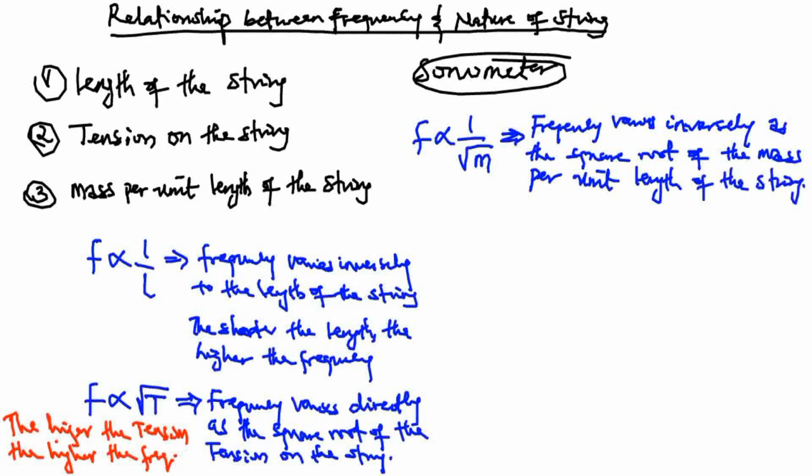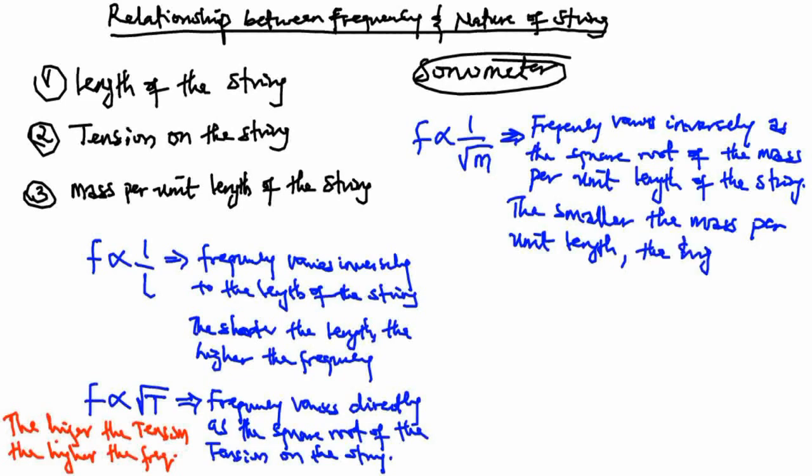Another way to put it is the smaller the mass per unit length, the higher the frequency.